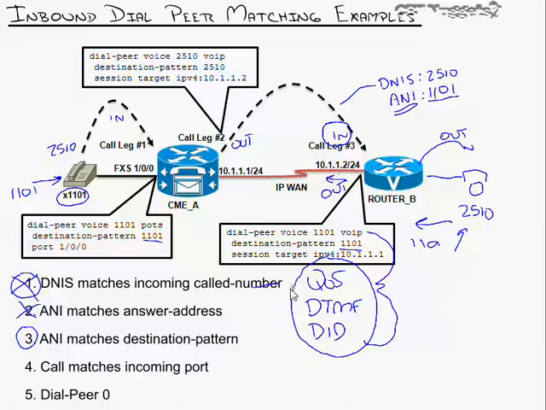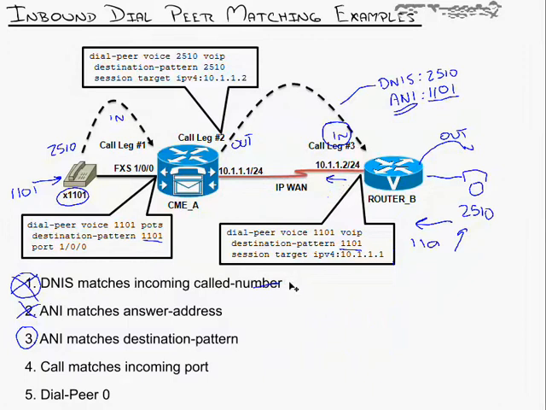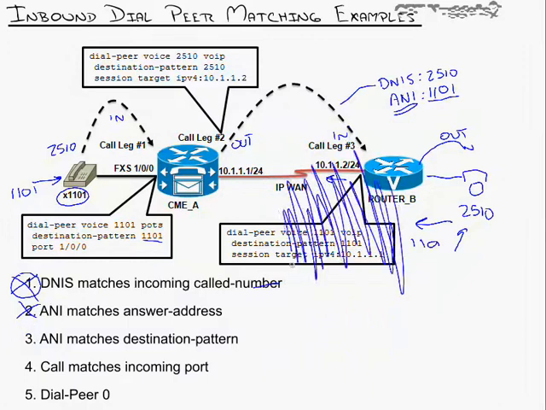Whereas, let's imagine this. Let's say, get rid of all this stuff I have right here. Let's say we did not have this. Imagine this did not exist. Well, when this went out, it would still have a dial peer, not shown here, that allowed this, we have a destination pattern, DP 2510.